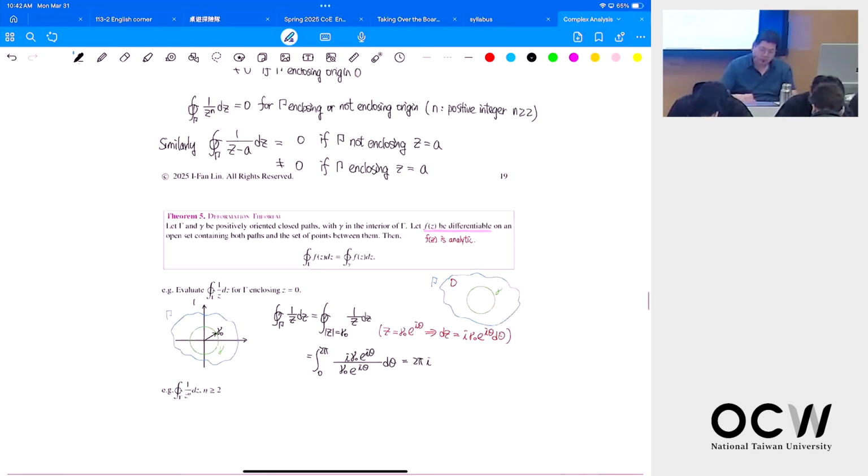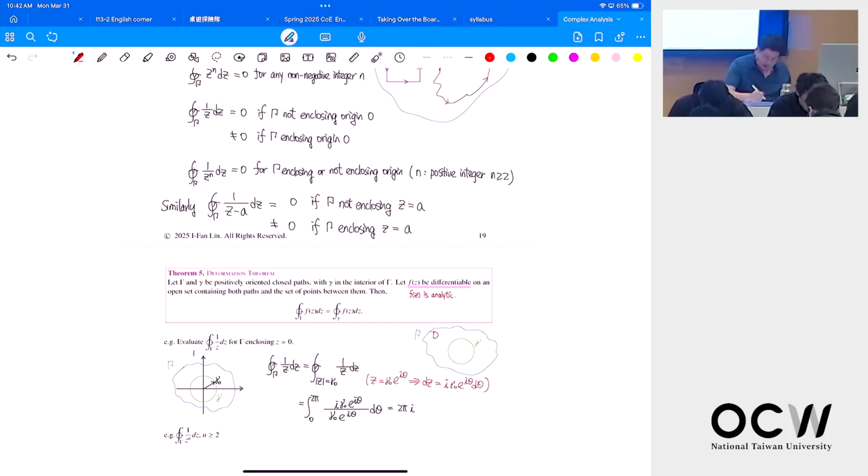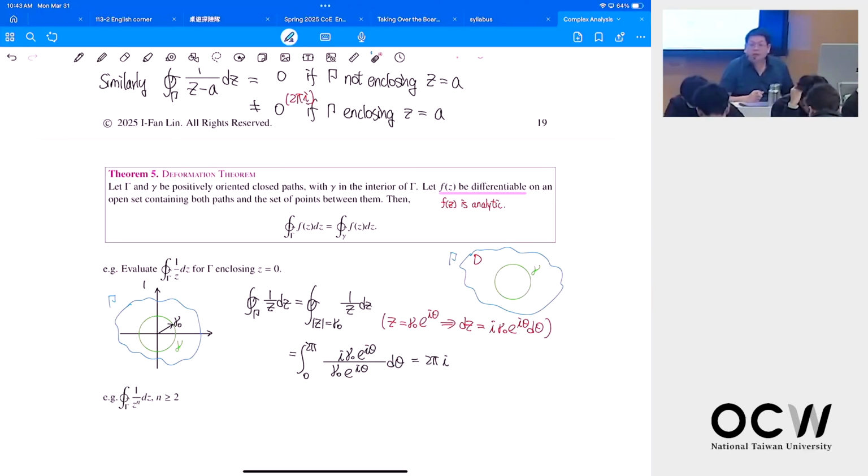So it looks like your integration is either 0 or 2 pi i. Similarly, this should be 2 pi i. Alright. So if you want to guess, then you just guess either 0 or 2 pi i.